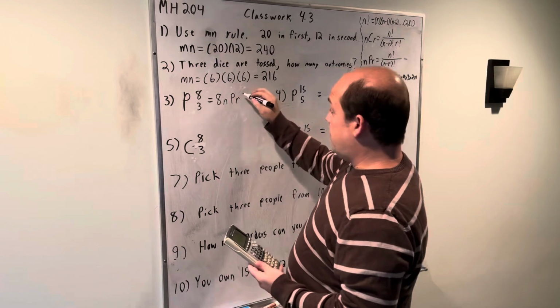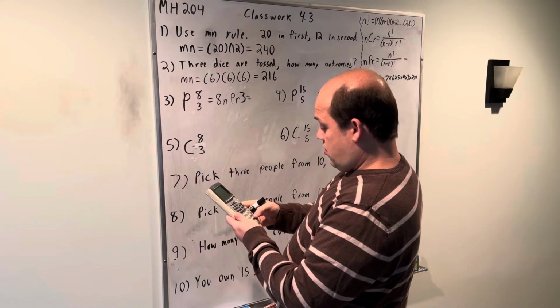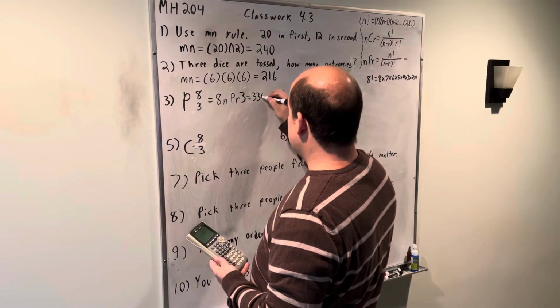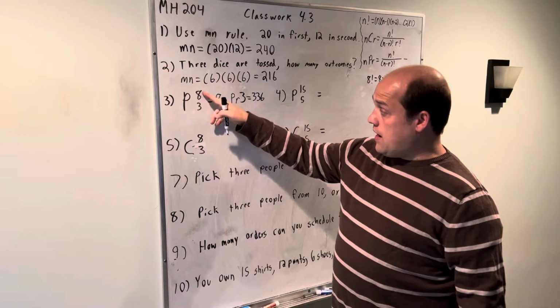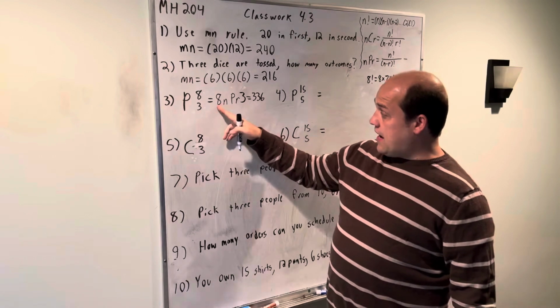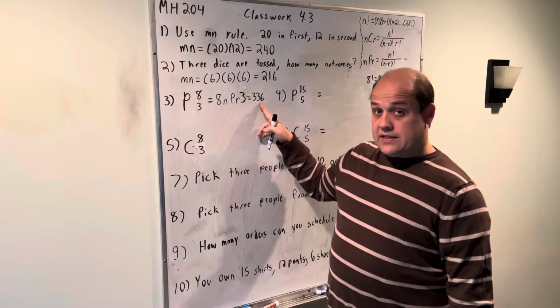I can then put in the final number, 3, and the calculator will give me an answer. When I do that, I get 336. So the permutation, 8 in the group, we're going to choose 3 of them, goes as 8 NPR 3, which gives me an answer of 336.